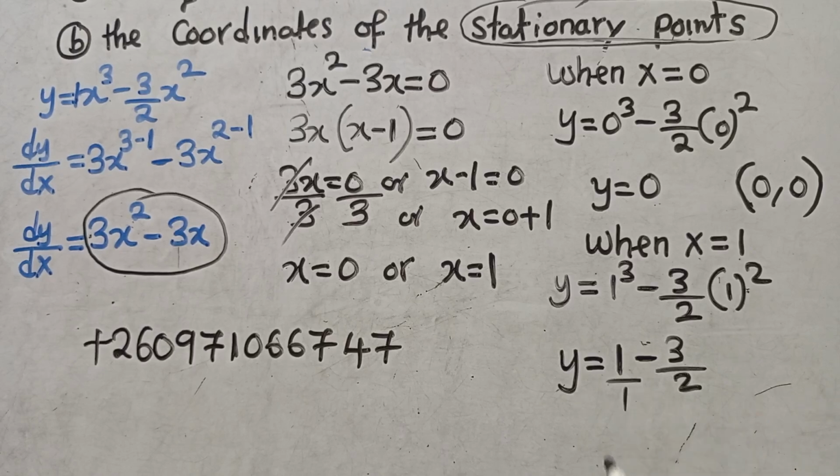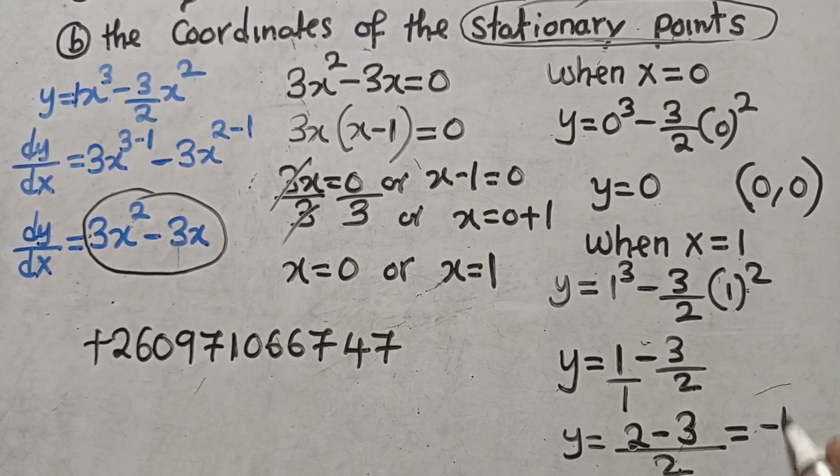Over a common denominator of 2: 1 times 2 is 2, minus 3. What is the answer there? Negative 1 over 2. So this is the other value.